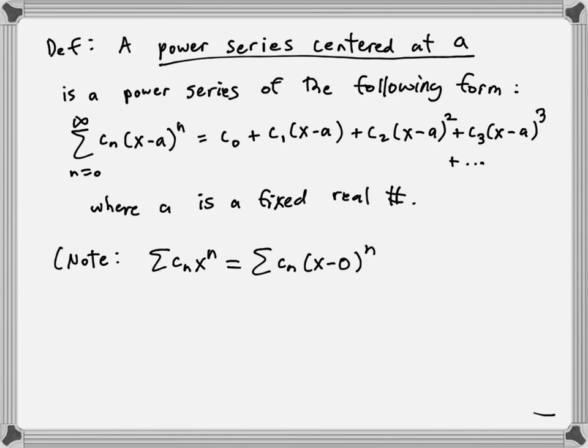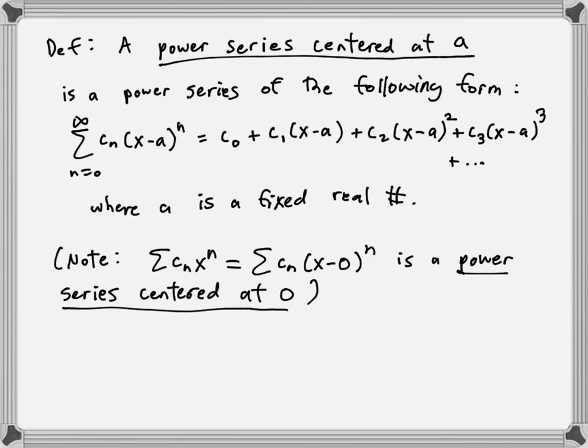So the guy from before is a power series centered at 0. So before when we just called it a power series, it was really a power series centered at 0, right? When you have it at 0, that just looks like a regular old polynomial that you guys are aware of.